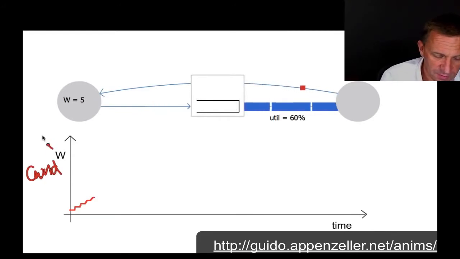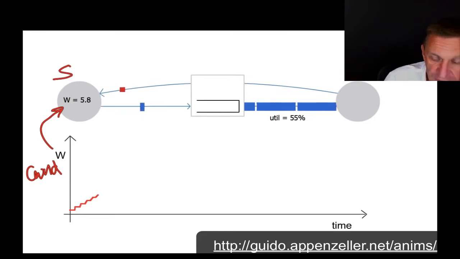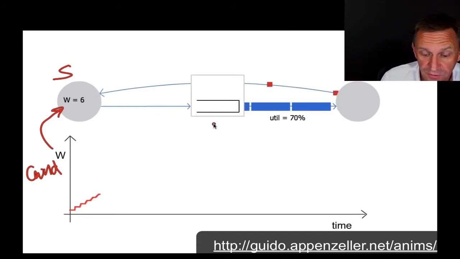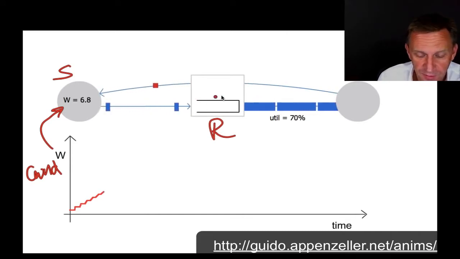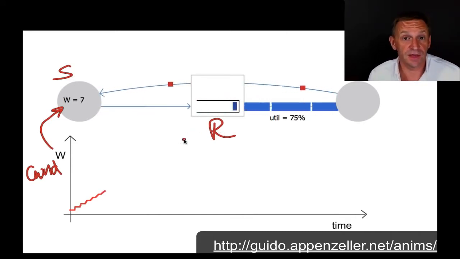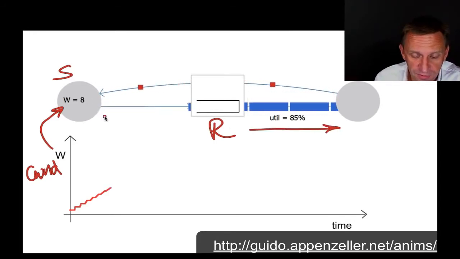And this is the same as the value here at the source. So this is the source, this is the destination, and this is the router in between. The router has a buffer, and it's going to buffer packets that are waiting to go onto the egress link. The egress link is this one here, and this is the bottleneck link between the source and the destination.